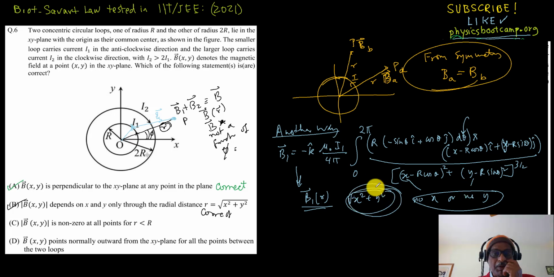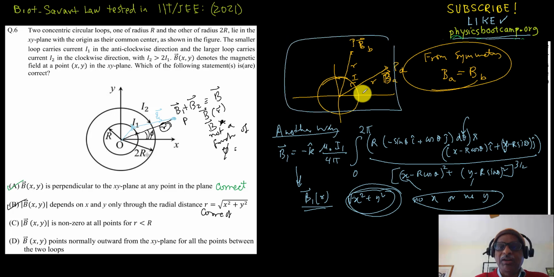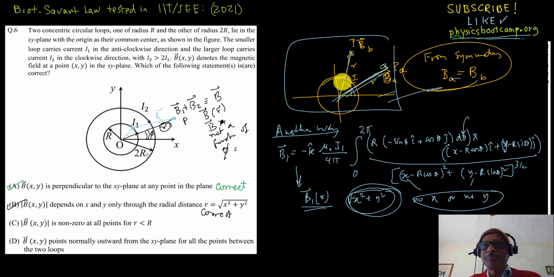Now that's a really hard problem, and it's close to a dead end for a test situation. So I won't go down that direction. I'll just use this symmetry argument and say this point and this point will be the same as far as this is concerned. It can only depend on this r, can't depend on the direction in which that point lies. Okay, so that's the B.